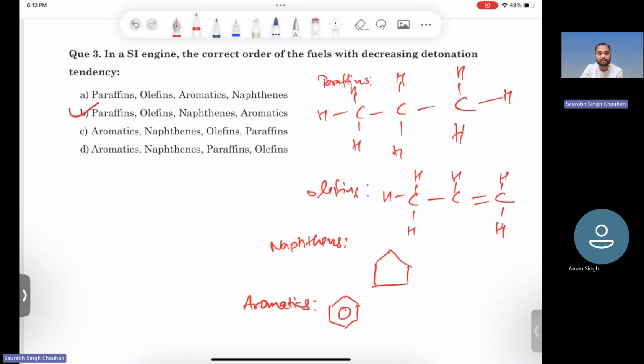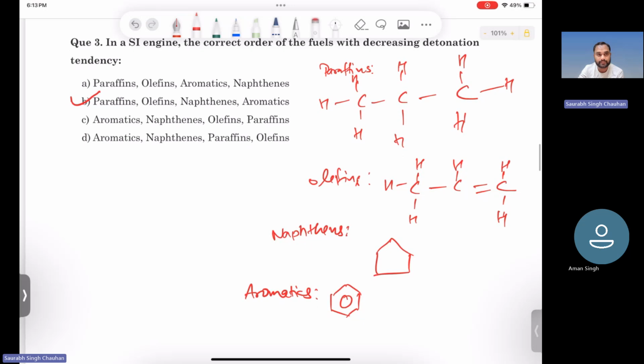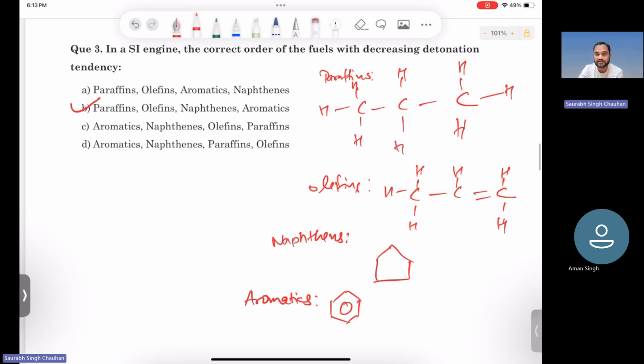This question can be framed in another way, like arrange these fuels in order of decreasing or increasing octane number. Paraffins will have least octane number and aromatics will have highest octane number. I hope this is clear. Is there any doubt?